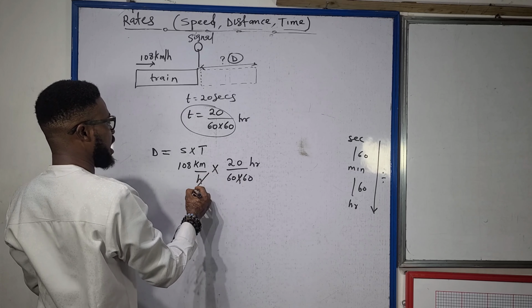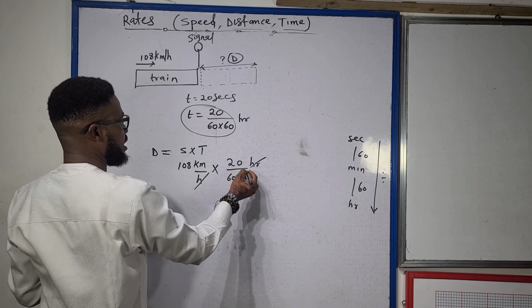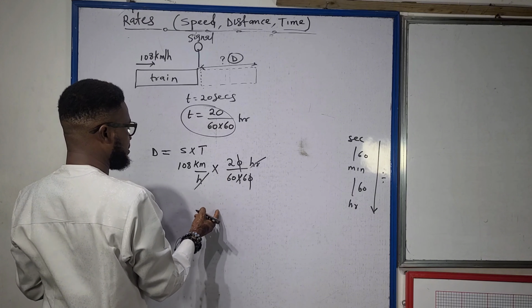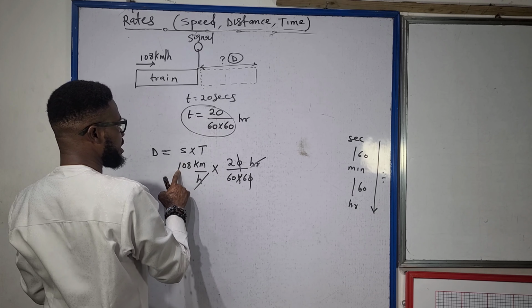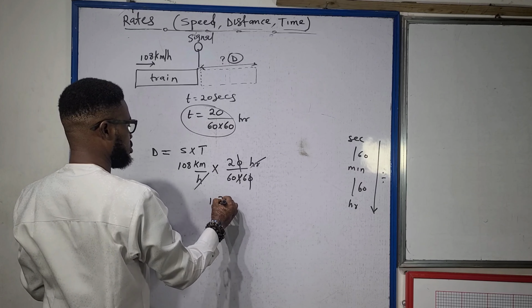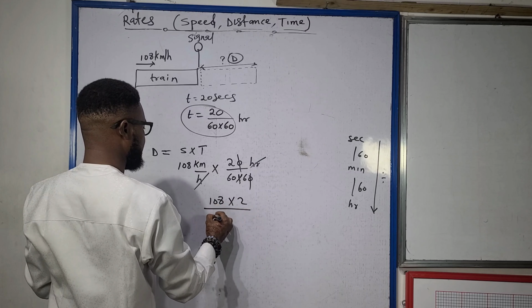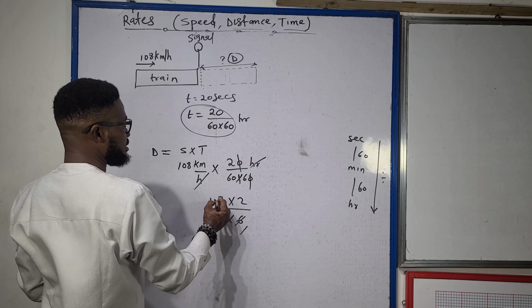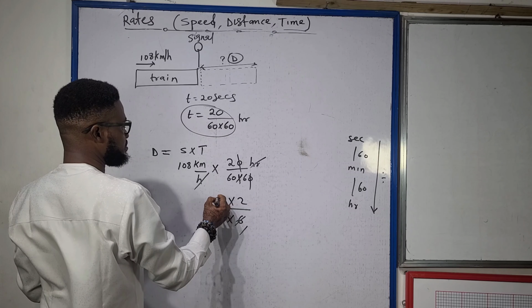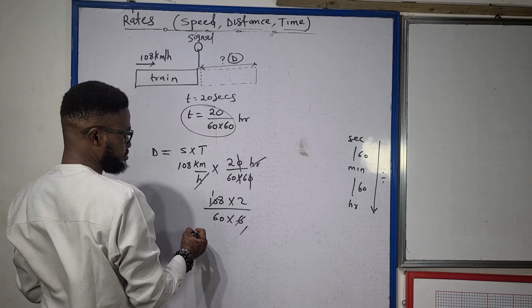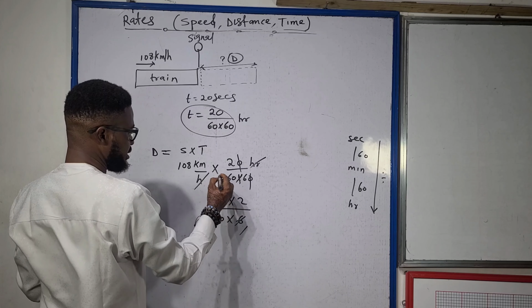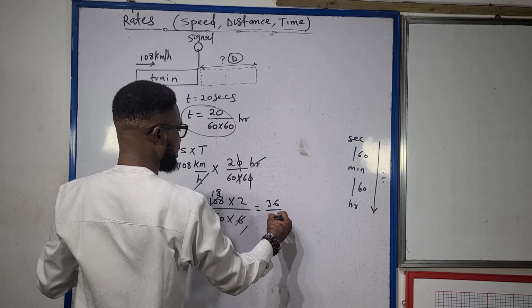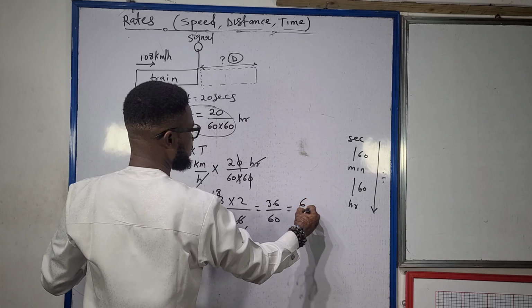So when I look at this, hour cancels hour. So I have 108 times 2 divided by 60 times 6. So this is 36 over 60. 6 here will give us 6, 6 here 10.